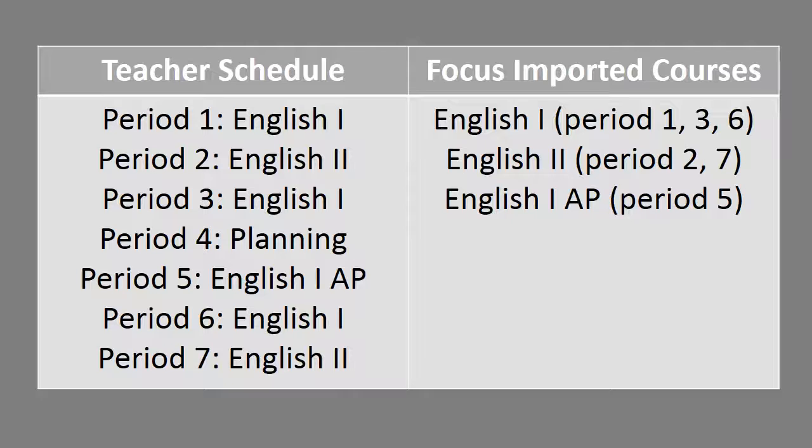Focus imported courses are only going to show English 1, English 2, and English 1 AP, and the periods will be grouped within those courses. So although this teacher has 7 periods a day with 3 different subjects, itslearning will only show 3 courses, but each of those courses represents multiple periods of that subject.